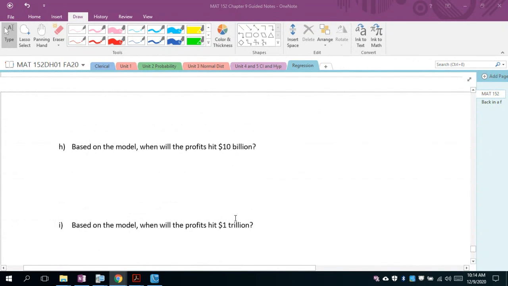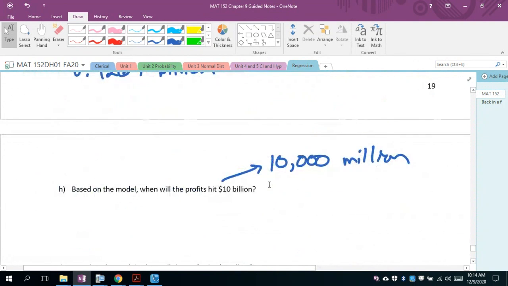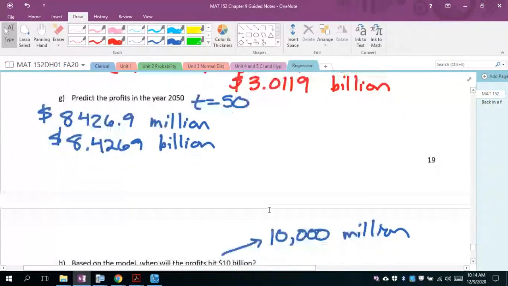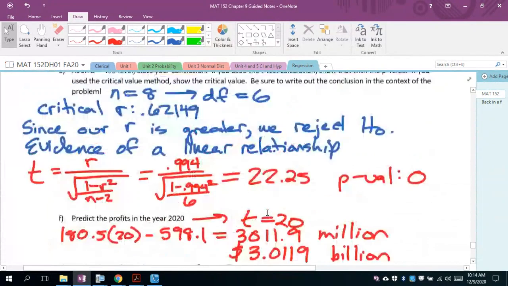All right, so based on the model, when will the profits hit $10 billion? Well, keep in mind, 10 billion, that's 10,000 million. And the reason we have that as 10,000 million is simply because, remember, 1 billion is 1,000 million.